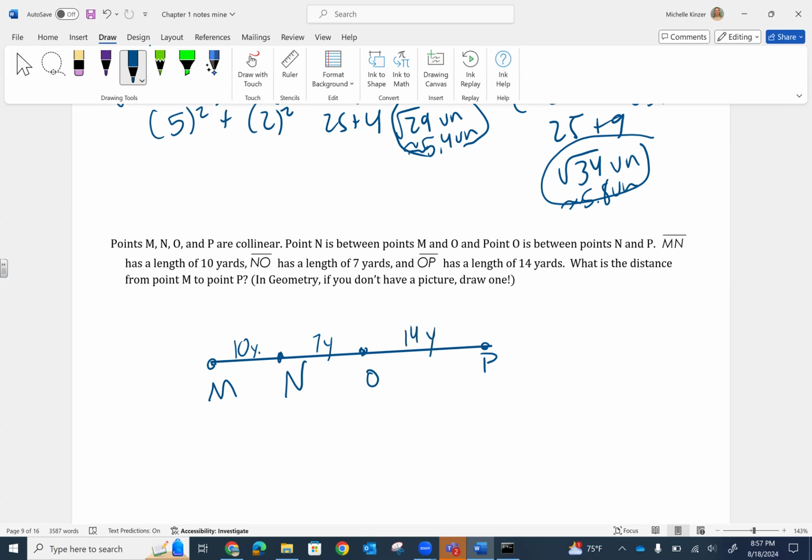And the question is, what's the distance from M to P? Well, guess what? Add them up, okay, all the way across, and that would be 31 yards. Always label as best you can, okay?